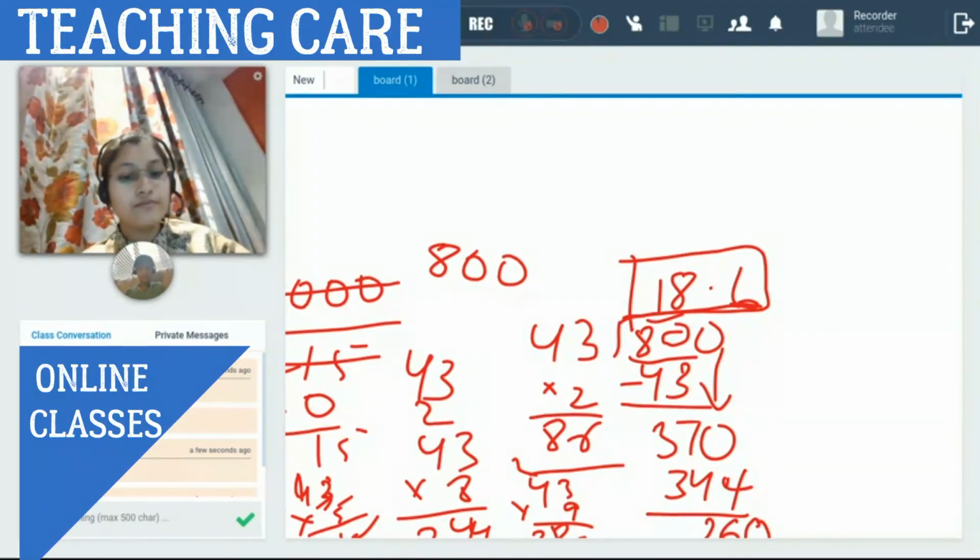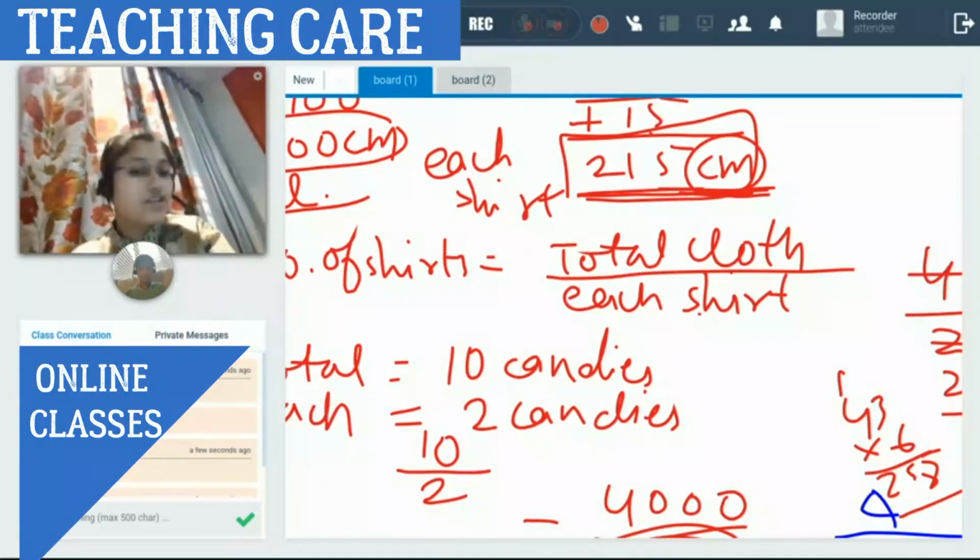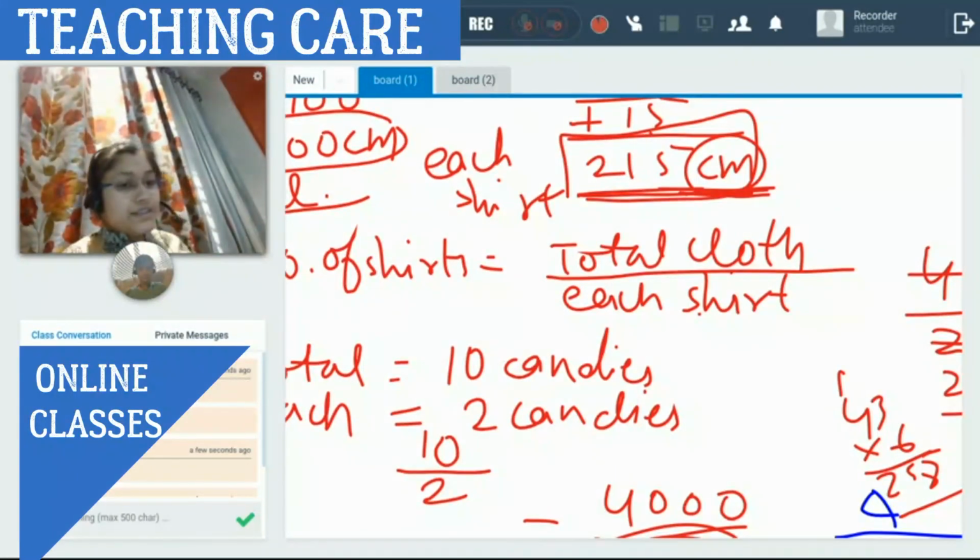So this is the way you are going to solve the questions. Such kind of questions are there in your exercise second, 1.2. We have already done 1.1 and 1.3 yesterday. So now you can easily do 1.1, 1.2 and 1.3. Then we are left with just one exercise about Roman numbers.